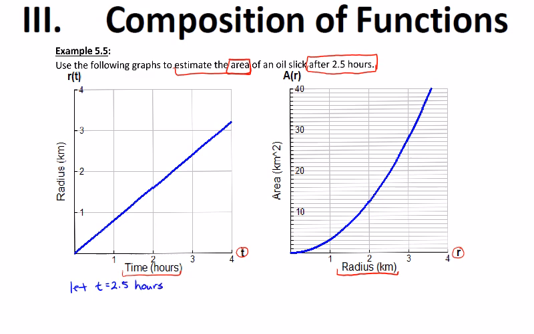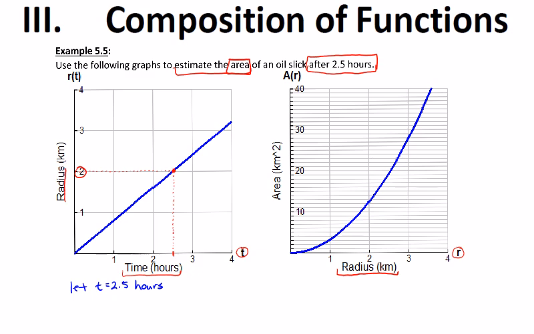I'll come over to my graph at 2.5 on the horizontal axis, carry that up until I get to the curve, and then carry that over to the vertical axis, and it looks like I'm at a value of 2. So in other words, I have a radius value of 2.